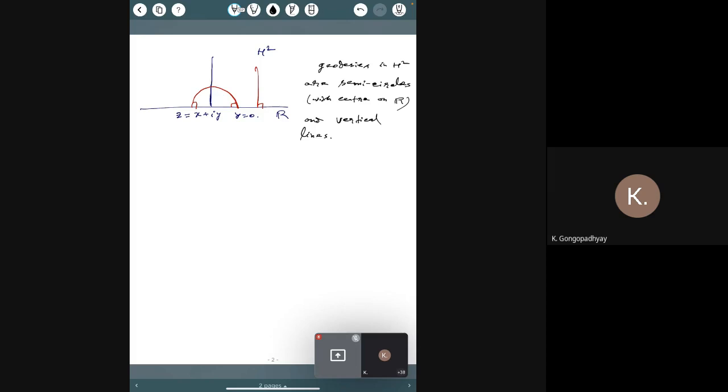Okay. And Bankatesh, did you define the isometry group? Yeah, defined actually. Okay.